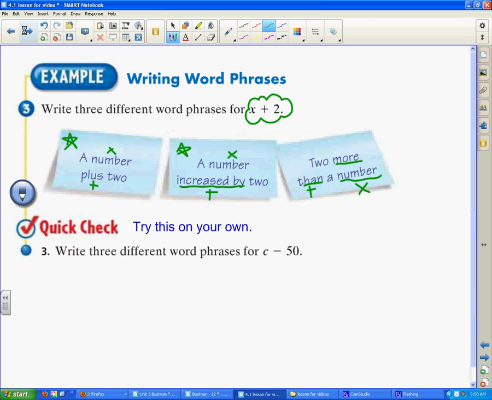So why don't you try this one on your own. Write 3 different word phrases for C minus 50. Pause the video and come back when you're ready. All right, some examples would be a number decreased by 50.